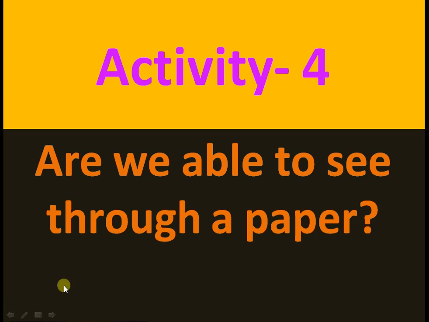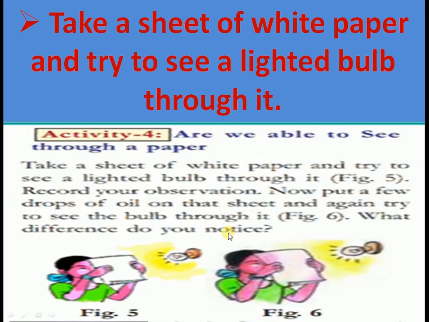Activity 4. Are we able to see through a paper? For example, take a sheet of white paper and try to see a lighted bulb through it. Record your observation.